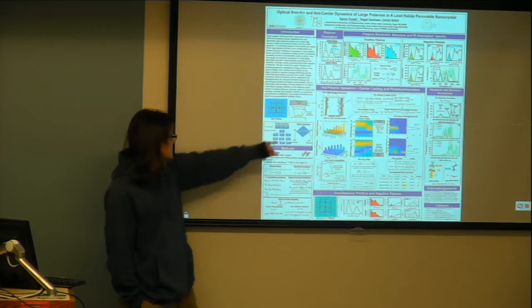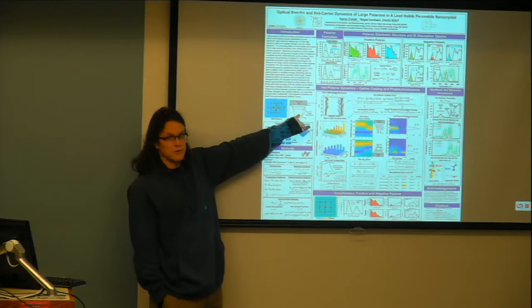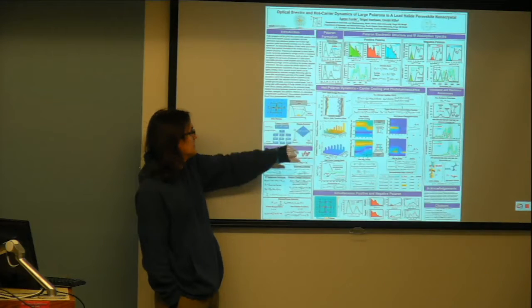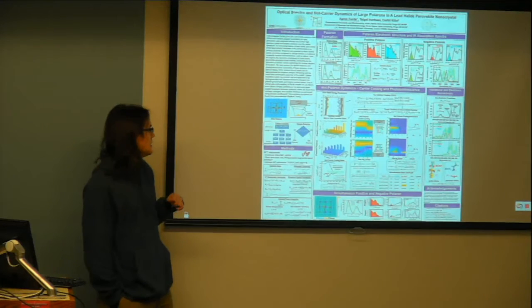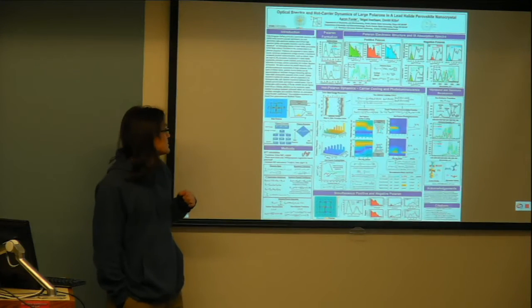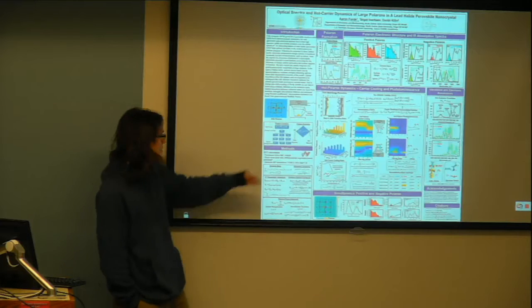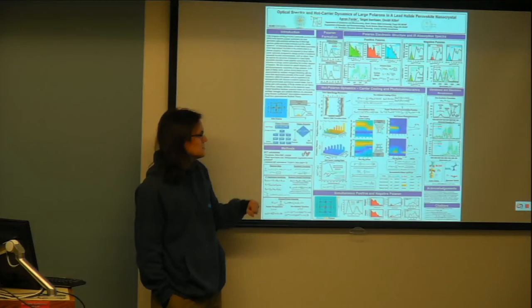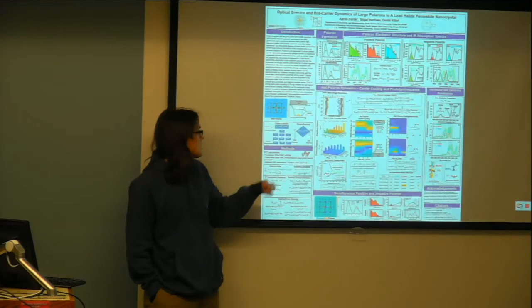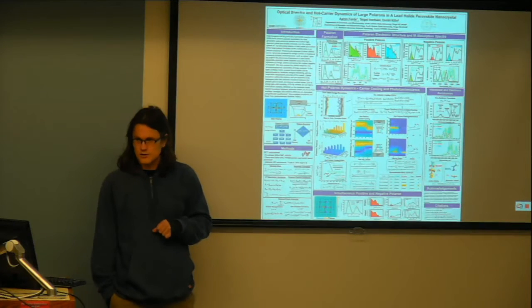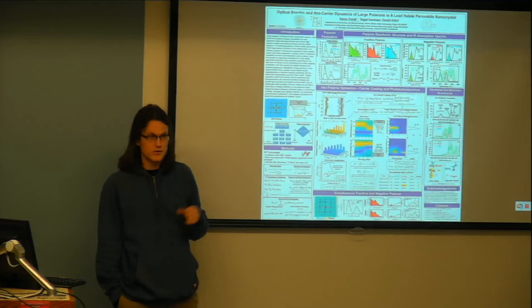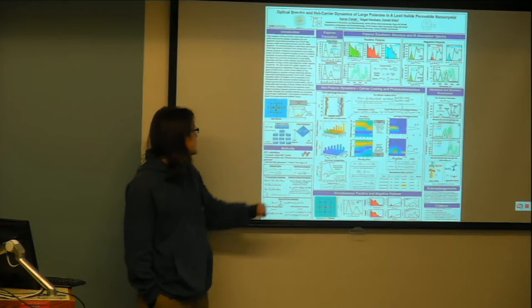Another interesting fact is that since it's a Coulomb potential, the internal states should be analogous to hydrogenic transitions. What we primarily focus on in this poster are optical transitions within this potential well, and then non-radiative dynamics within the internal excited states within the potential well.